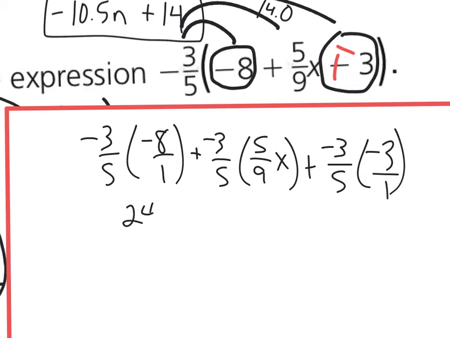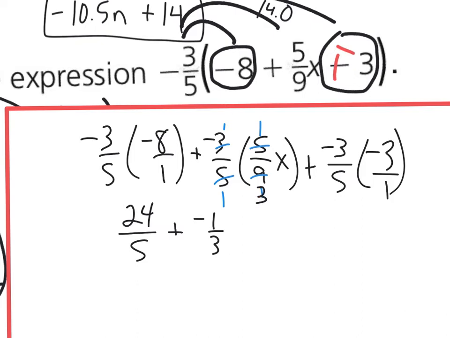So this would be 24/5. Again, with the variable stuff, you can reduce, which again would be our negative 1/3 x.